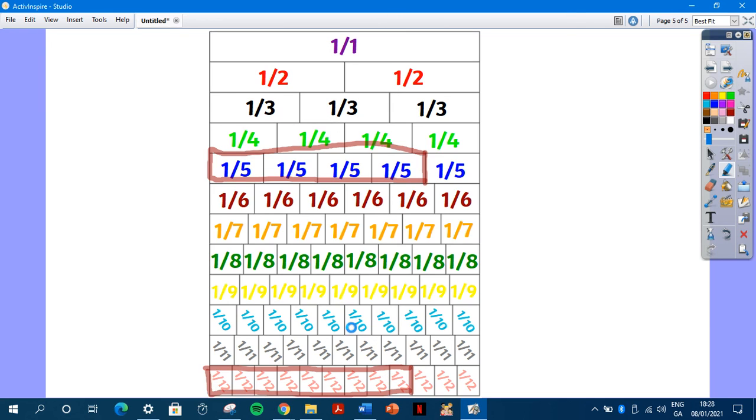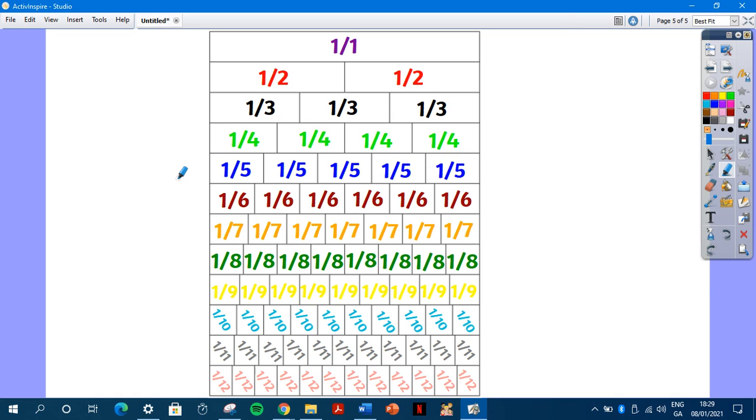Okay, so I'm going to leave this here as the last picture, so that when we're doing our exercises in fractions, we'll be able to look back on this fraction wall and it'll help us compare which fractions are bigger, smaller, and which are the same.